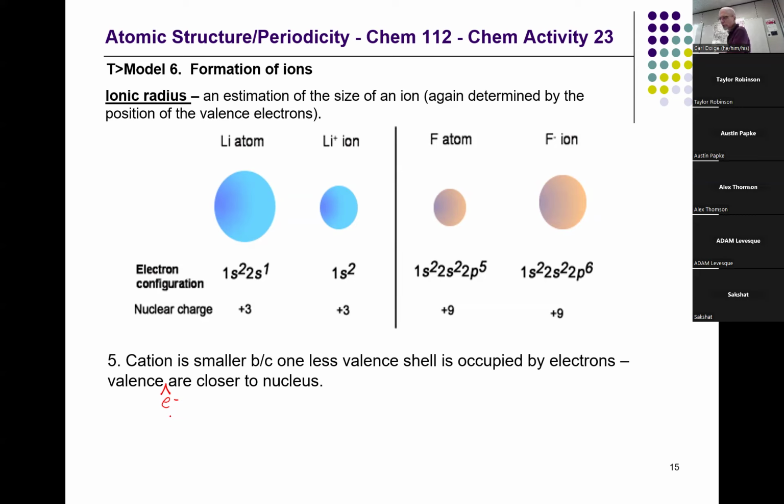The valence electrons are closer to that nucleus, and in a sense, they will sense the positive charge of those core protons more effectively. So atoms that become cations are always smaller.